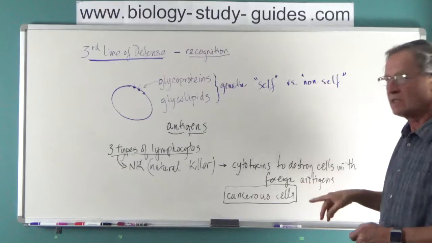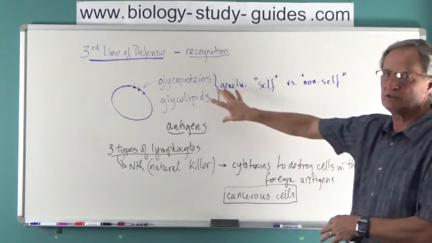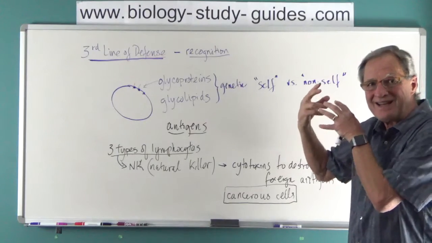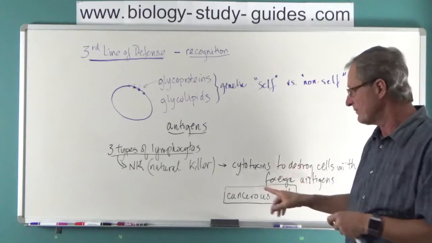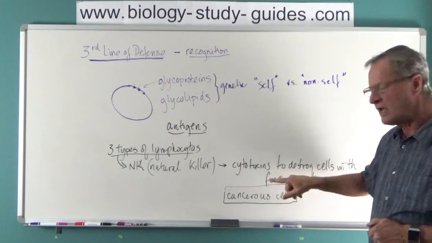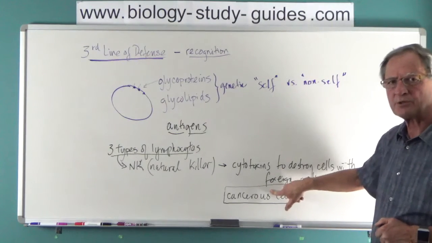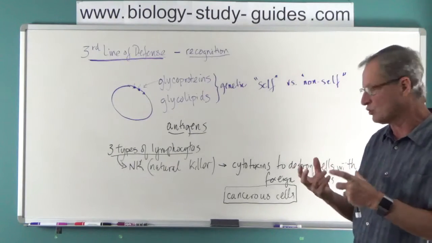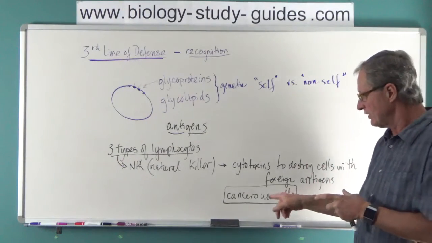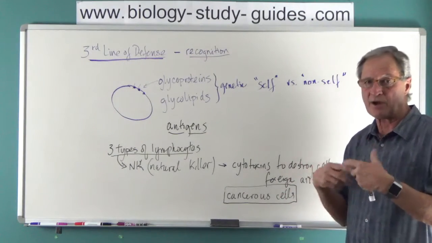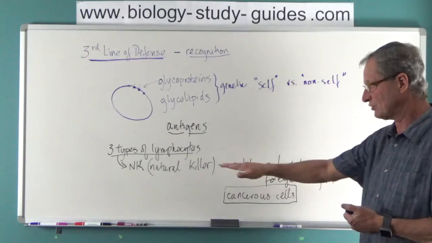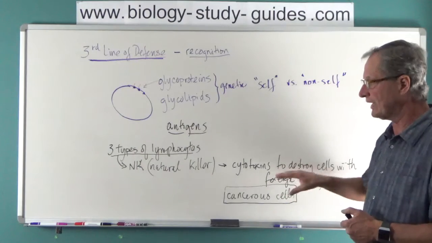It may be that they actually lack the antigens that are supposed to be there. So their membrane isn't appropriate, it's irregular. And cancer cells in particular, because cancer cells are produced very rapidly, they don't have time to specialize, they don't have time to mature to become functional cells. So they're non-functional cells that are traveling around the body and they're recognized as being foreign. So natural killer cells get rid of cells like that.